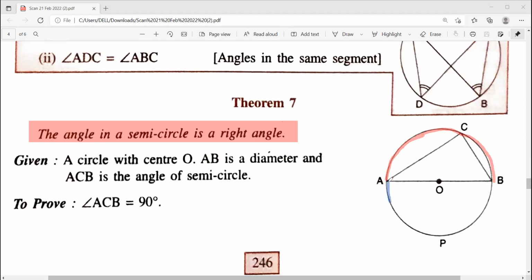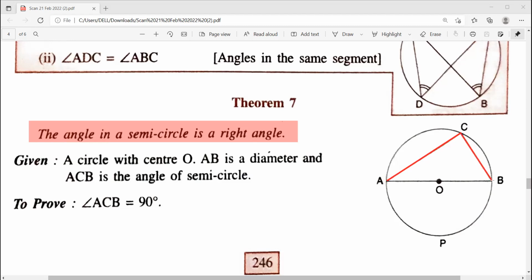This is another semicircle, and this is AB, the diameter. Now what's happening here is that this AB, the diameter, is subtending an angle at a point on the circle.